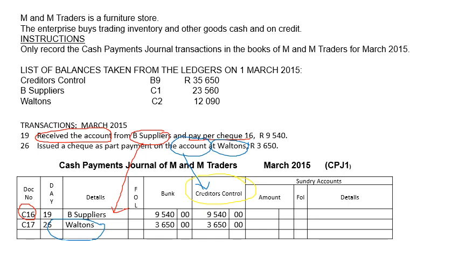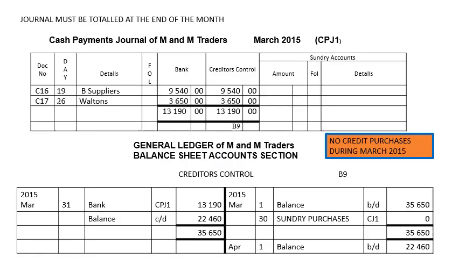So when we pay the creditor, we write in the CPJ; the new column in the CPJ is Creditors Control. You use that column only when we pay our account. Then you know that at the end of the month, all journals must be totaled. This journal was straightforward.